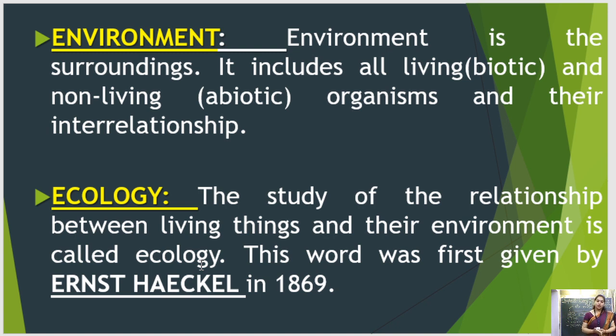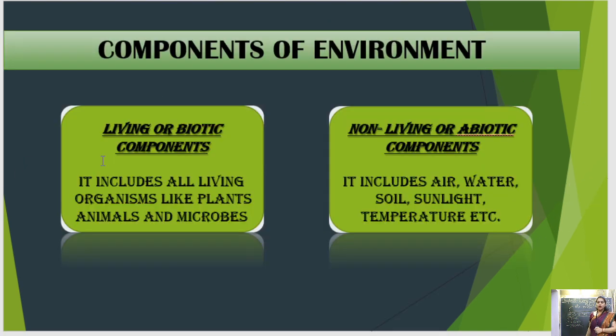ठीक है, so this term ecology was first given by Ernest Haeckel. He is the scientist who gave the term ecology. Clear? So children, this you have to study in this chapter. Okay. So now let's see what are the components of environment. There are two components of environment: living or biotic component, non-living or abiotic component.